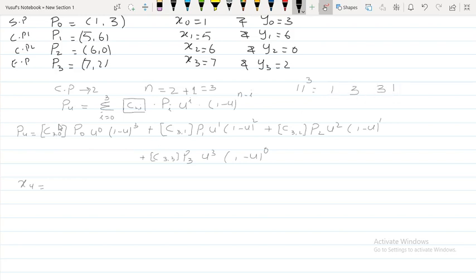So this constant will be 1, this constant will be 3, this constant will be 3, this constant will be 1.